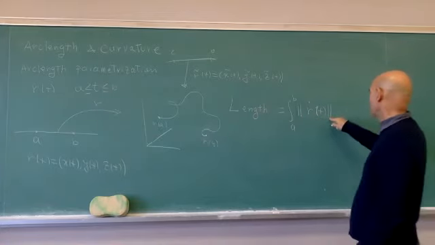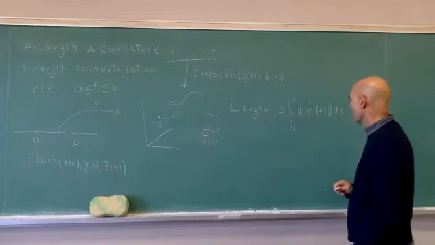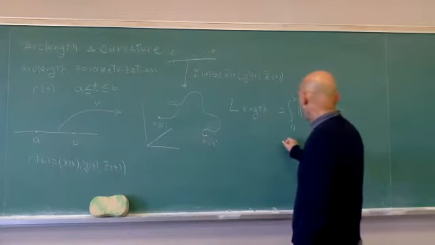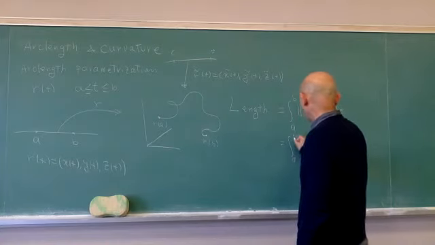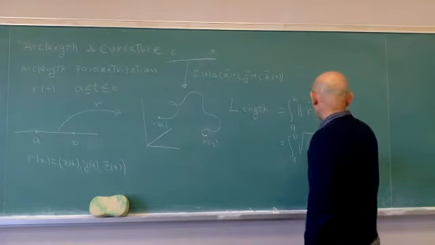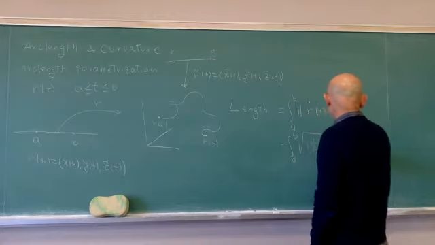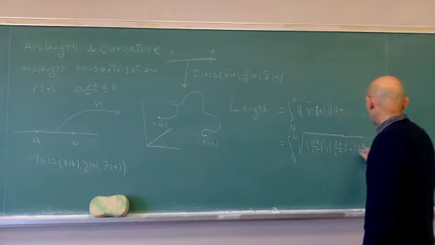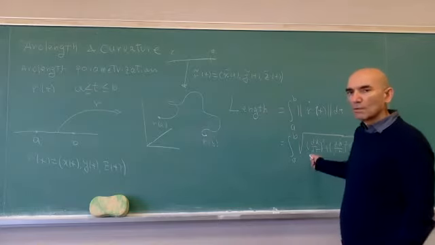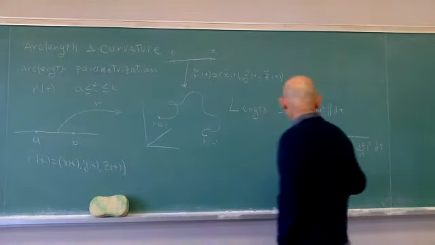This was the derivative of r with respect to t, which is really nothing but the integral from a to b of the square root of (dx/dt) squared plus (dy/dt) squared plus (dz/dt) squared dt. So if we have these three functions, x, y, z, we can go on and compute this quantity.